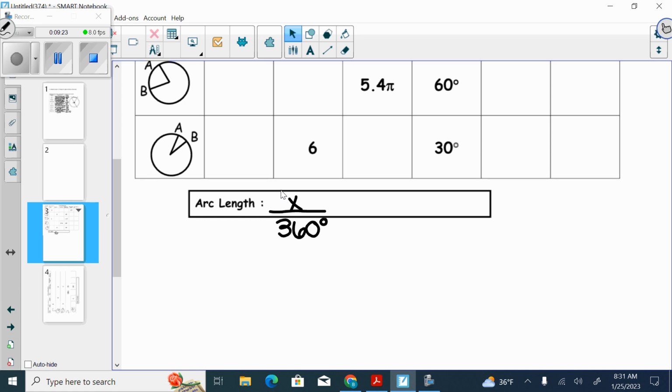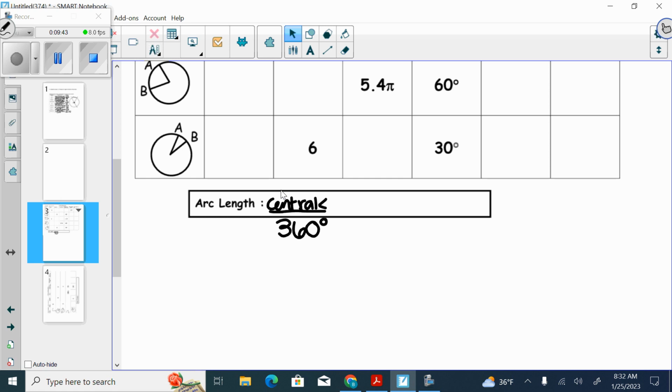My x from yesterday is the angle that we're looking at. That's what we call the central angle. So whenever you're doing these problems, it's going to be your central angle over 360 degrees.